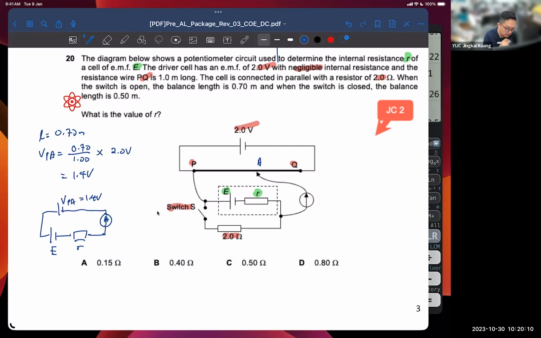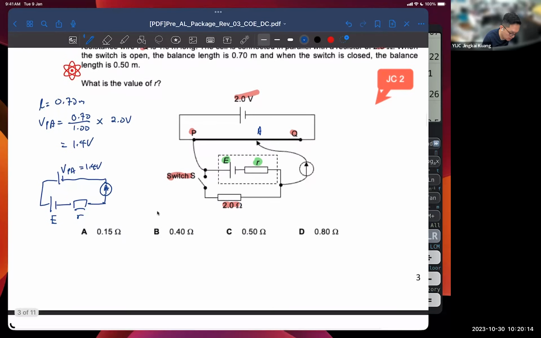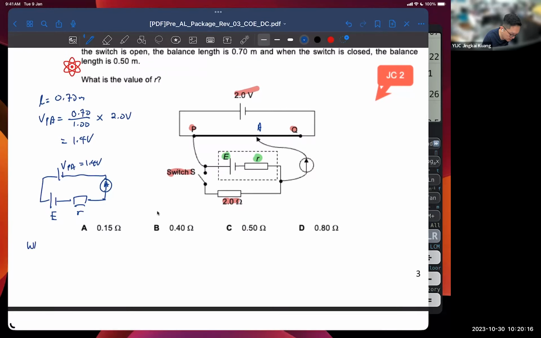In order to have balance, that means when balanced, my VPA is equal to E. That means my E is equal to 1.4 volts. So this is the first part.